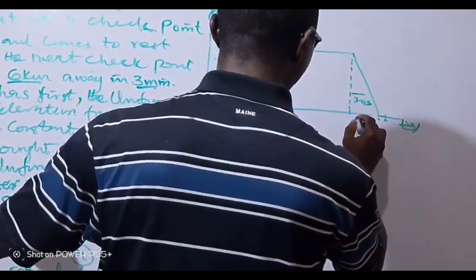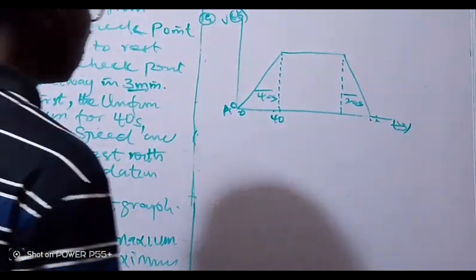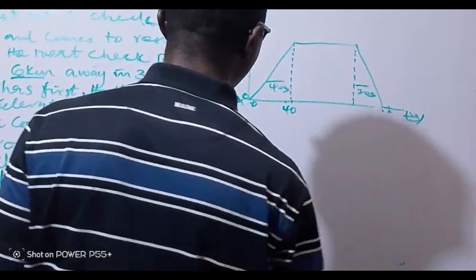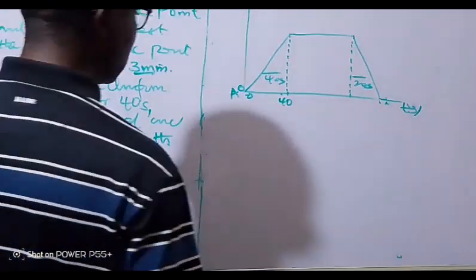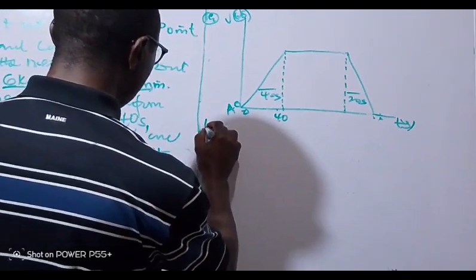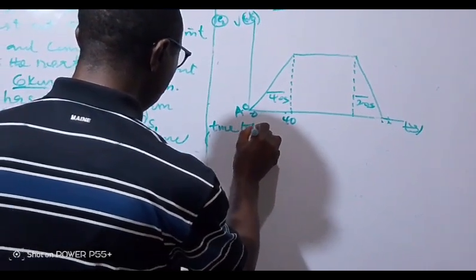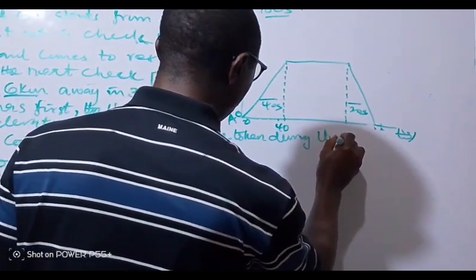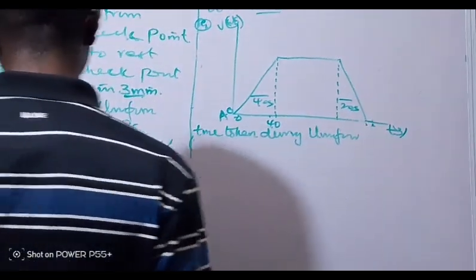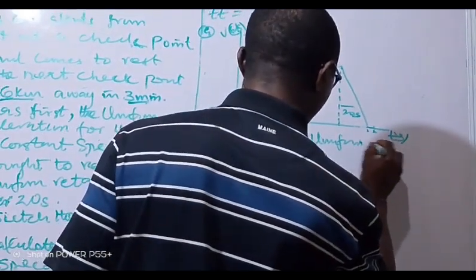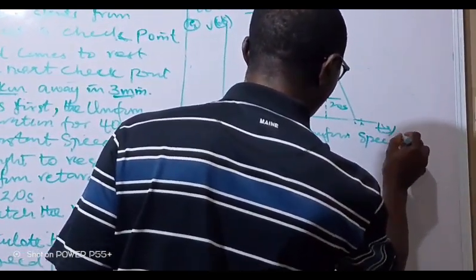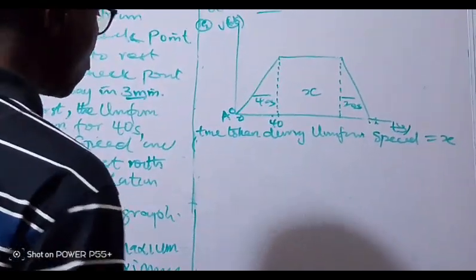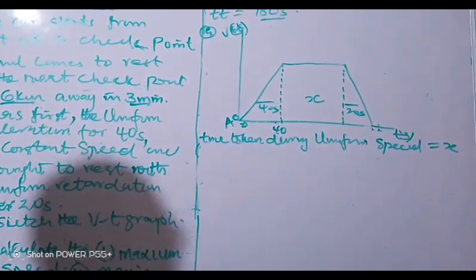So they now mean that if we represent this place, the time taken during uniform speed, let's say is equal to x, that is this place is x. So the total time taken is 180 seconds.